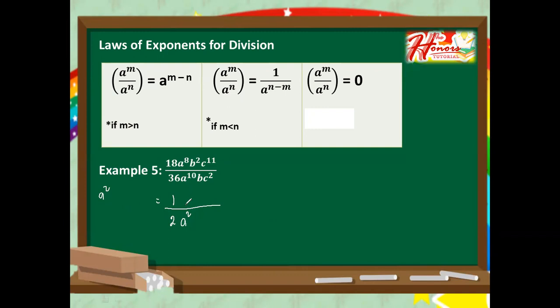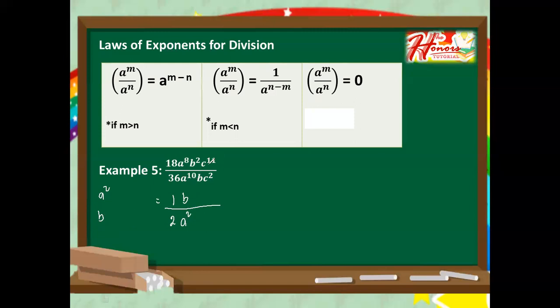That is the only reason. So you have here b raised to 2 and b raised to 1. Subtract the exponents. So you have here b raised to 1. Where are you going to put b? On top here in your numerator. Why? Because 2 is greater than 1. And that's it.